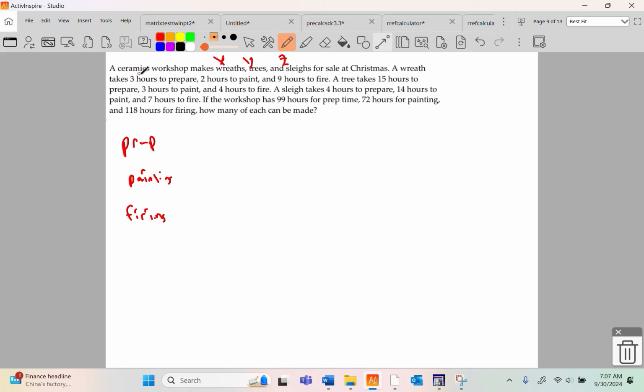All right, so we talk about prep. The wreath is 3x. The tree is 15y. And the sleigh is 4. And we had 99 hours of prep time. Then we move on to painting. A wreath is 2. A sleigh is 14.